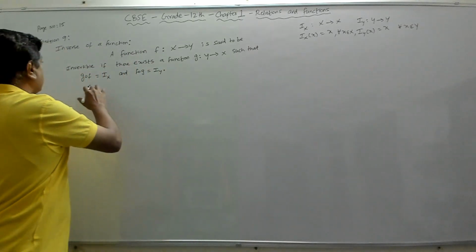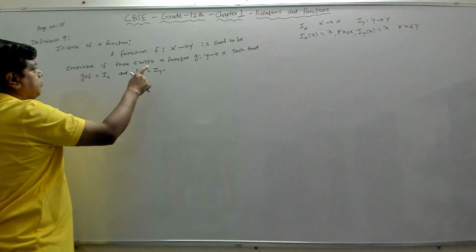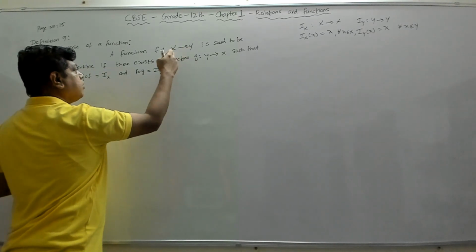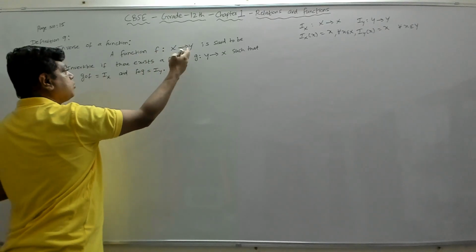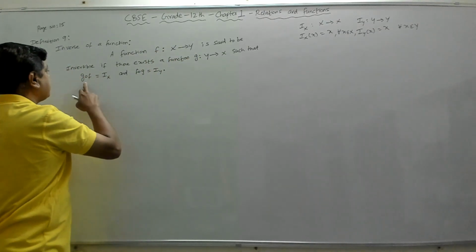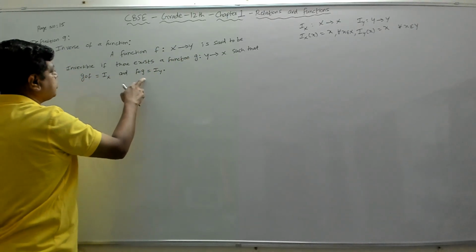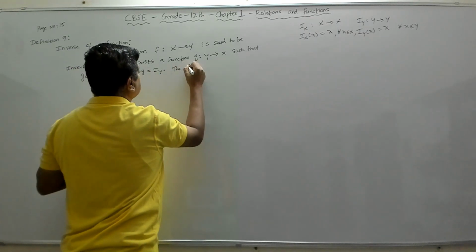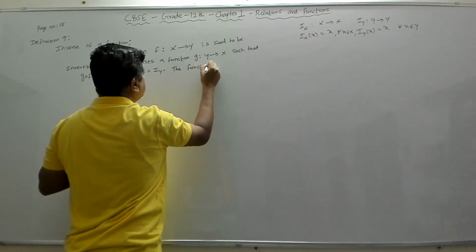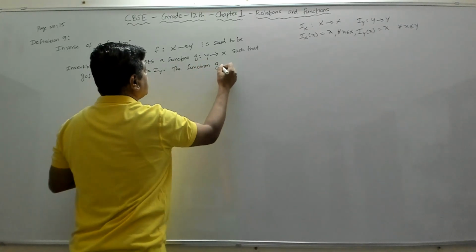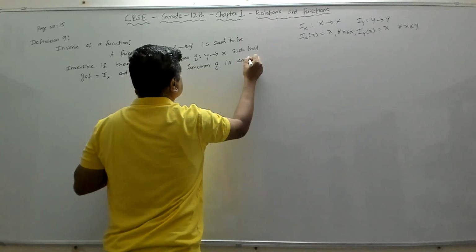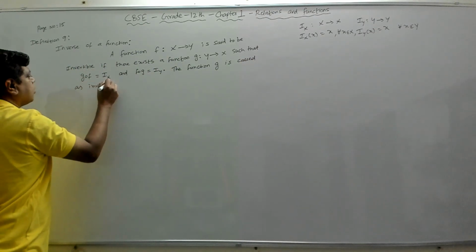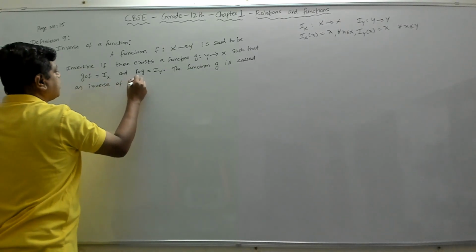So anyway, we call the function f invertible if we are able to find a function g from the reverse set Y to X. If f is from X to Y, g should be from Y to X, such that g of f equal to I X and f of g equal to I Y. The function g is called the inverse of function f.